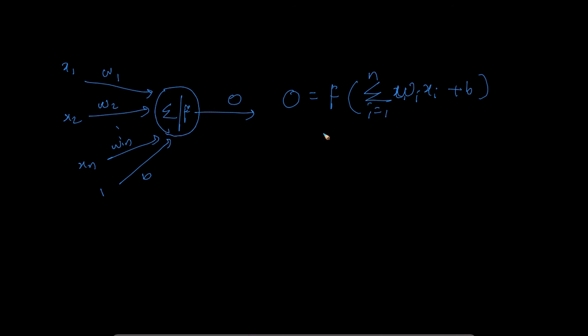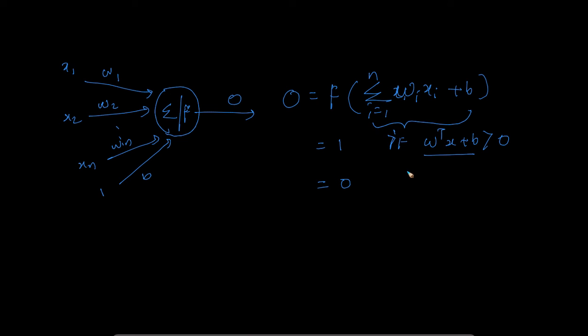In the case of a perceptron, this output is either 1 or 0. The output will be 1 when this term here is greater than 0. That means if W transpose X plus B is greater than 0, when this term is positive, the output will be 1.